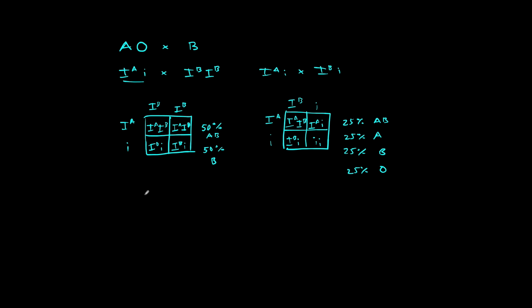Last example, let's go ahead and cross a homozygous B-blooded individual with an O-blooded individual. Now remember that homozygous means that you have the same allele twice. So if we have a B-blooded person who's homozygous, it's going to be IB as their code. And we're going to cross them with an O-blooded individual who is lowercase i.